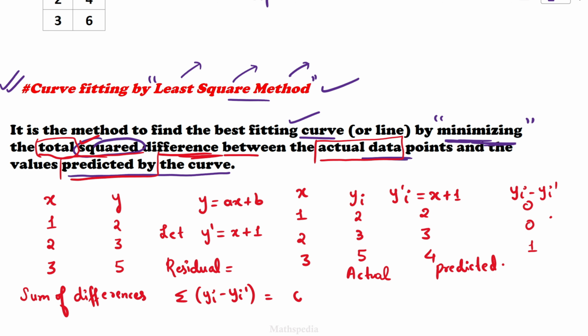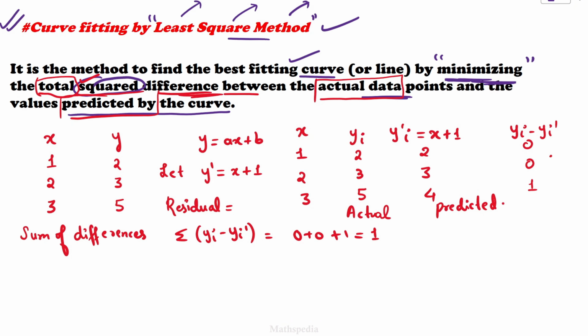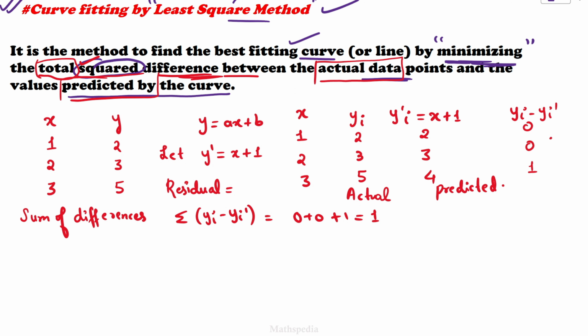It is equal to 0 plus 0 plus 1, and it is equal to 1. Now this won't tell you whether the curve which we wrote is the best curve or not, right? This does not tell if the fit is good. It can even be 0 if positive and negative errors cancel out.